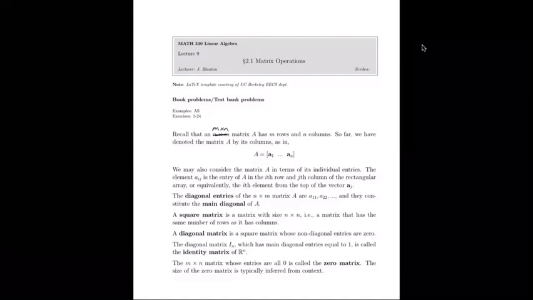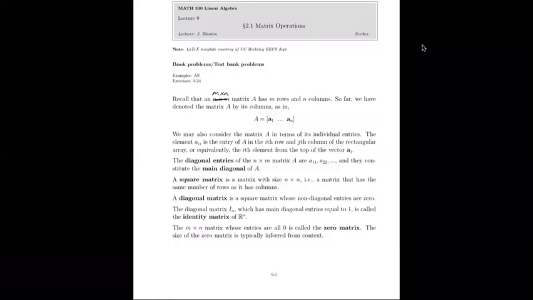So we've got this matrix A, and we can denote it by its columns. We've been doing that back since chapter 1. So that's already known. We can also denote elements of a matrix in terms of their entry. So Aij is the ith row, jth column's entry.